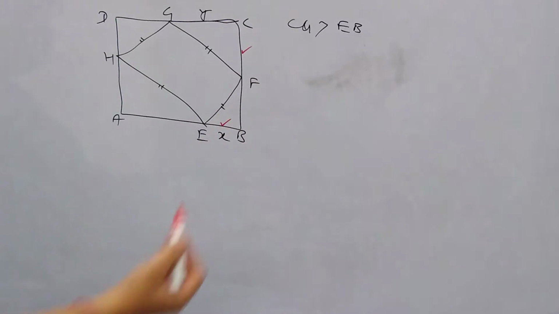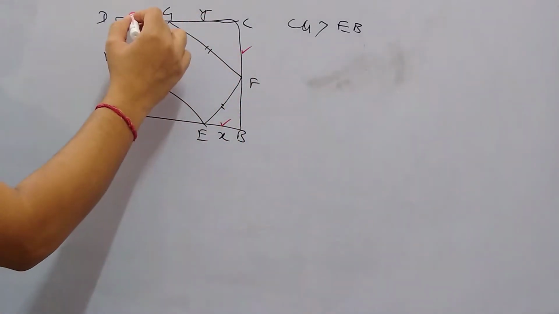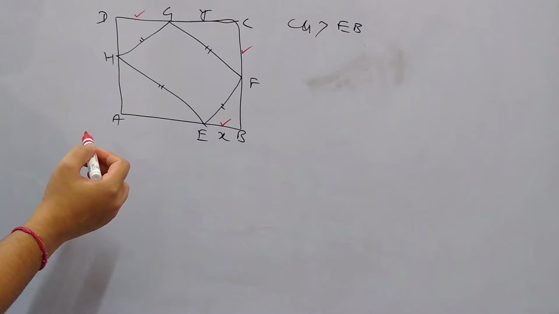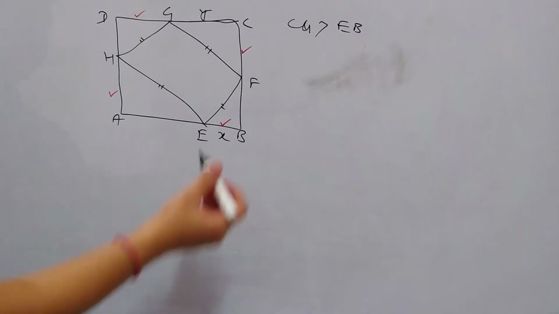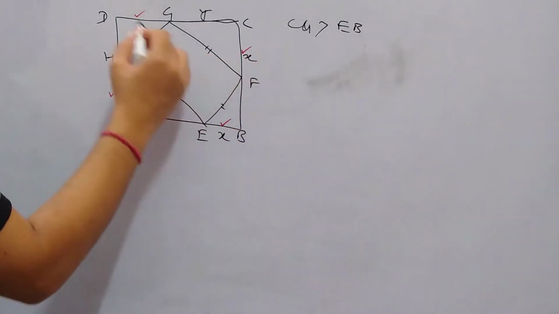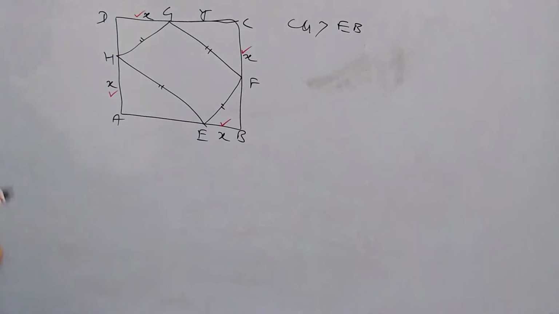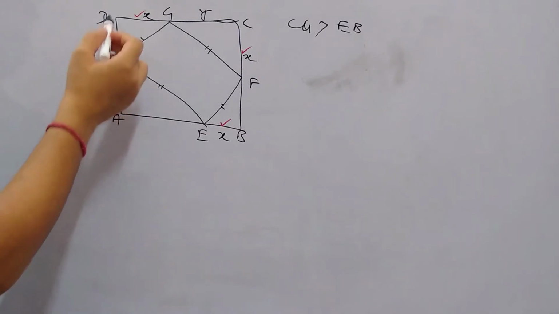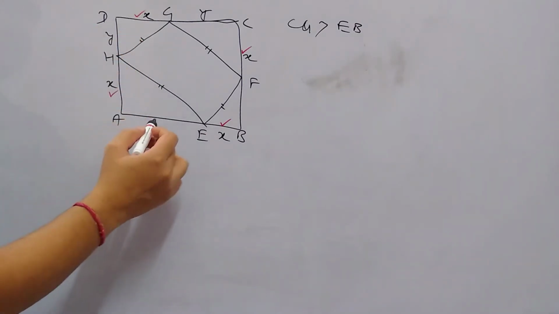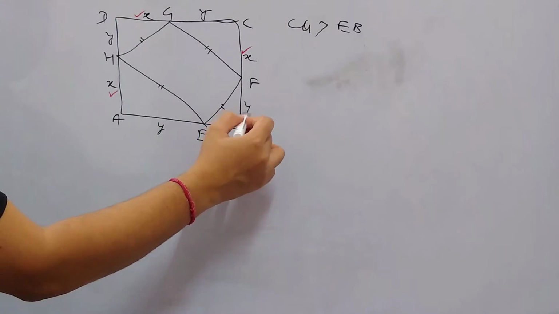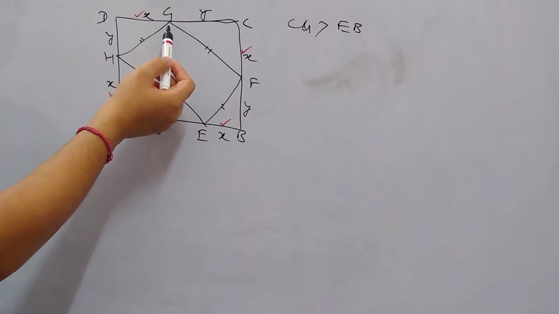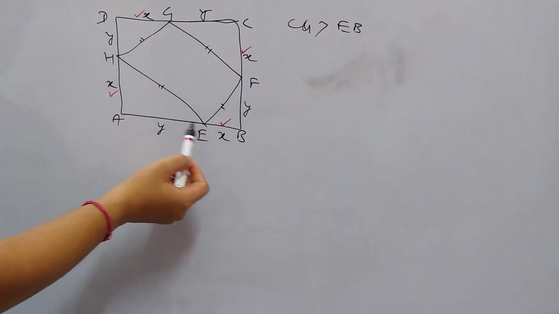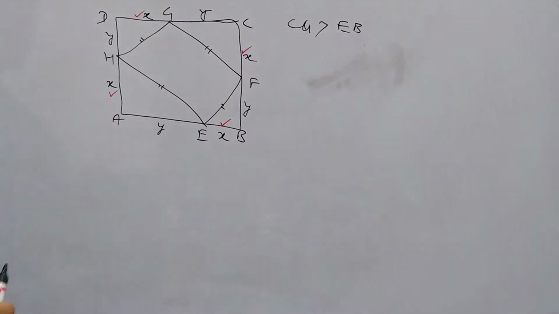So EB equals FC and FC equals GD and this will also equal AH. So if this is X, this will also be X, this will be X and this will also be X. Similarly, if we have assumed GC as Y, then this length will be Y, DH, AE will be Y, BF will be Y and GC will be Y. So the ratio at which these points are intersecting will be the same for all the sides.